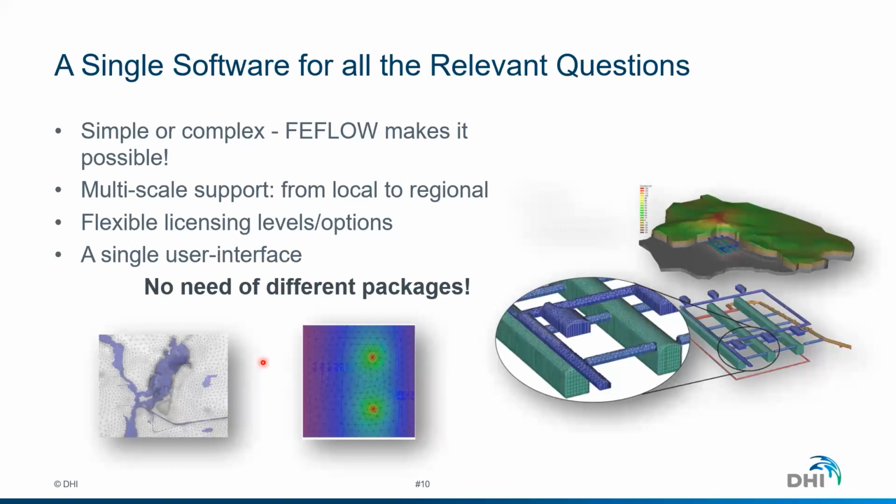Our philosophy is that we have everything in one. For simple or complex, for multiple scales, we can easily build local and regional models. You have one single package, so you don't need to add additional modules or packages for doing different things. You learn one single interface, and this interface allows you to do all the different modeling processes.